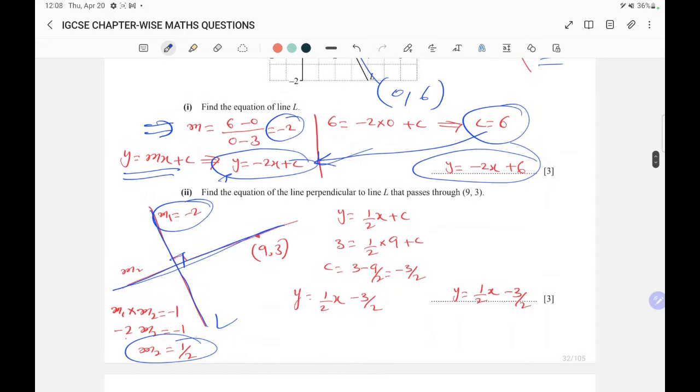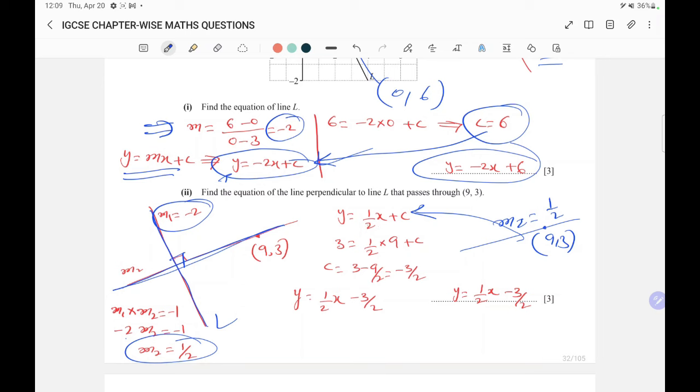Okay, so now this is our line. Our line is passing through 9, 3, but having gradient half, right? So y equals mx plus c, we know that. So m is half, y equals half x plus c.